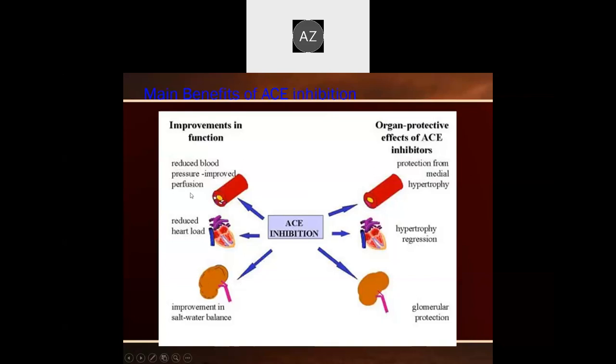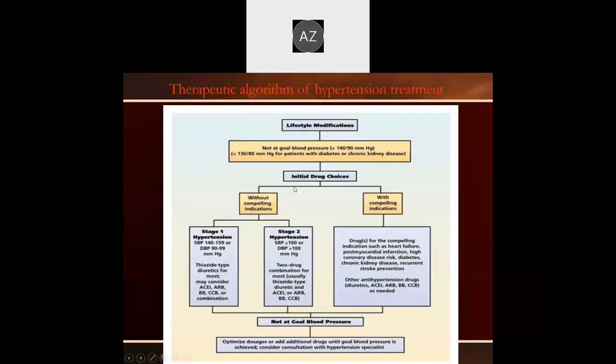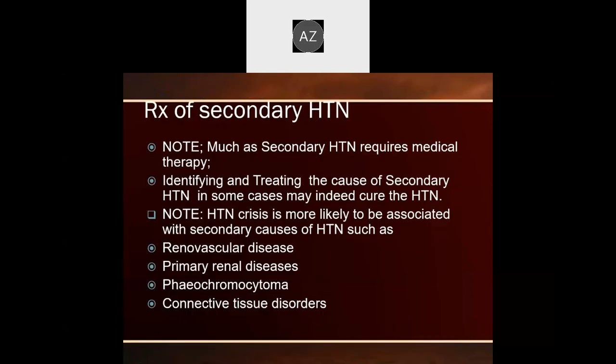We improve perfusion of the tissues. And this is the goal as you manage blood pressure. Treatment of secondary hypertension, you need to remove the cause. If it's pheochromocytoma, or a connective tissue disorder, you need to check the primary cause of it, and then it resolves spontaneously.